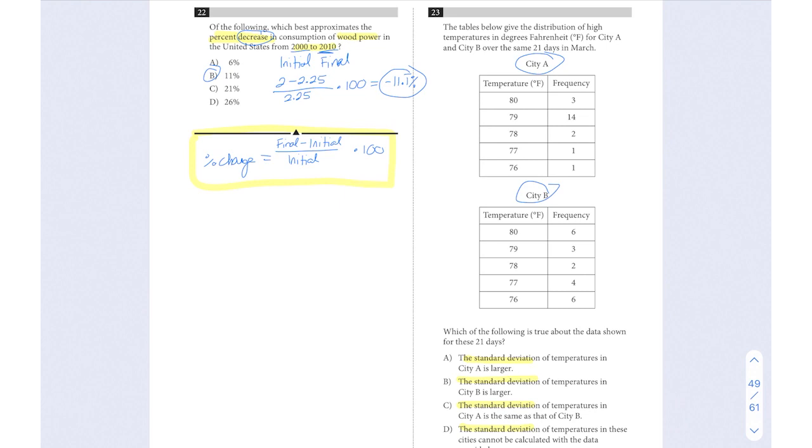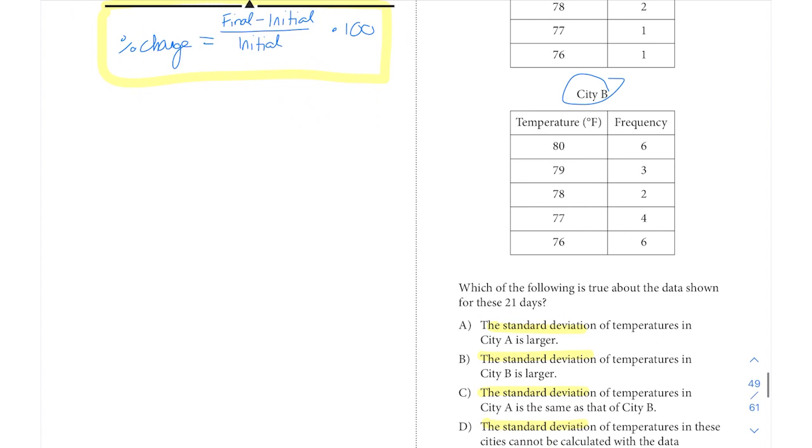And we see that the answer choices are describing the standard deviation. So SAT is not going to require you to do a numerical calculation for standard deviation, but they do want you to qualitatively and conceptually understand what standard deviation means.